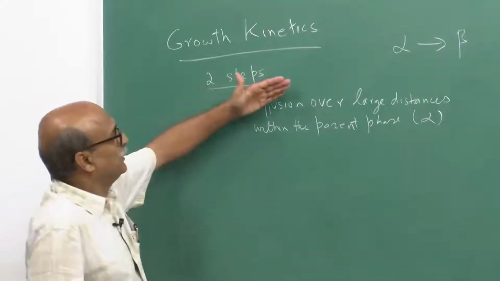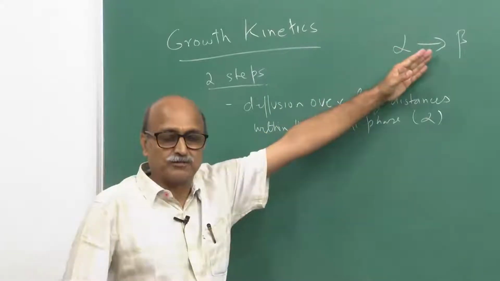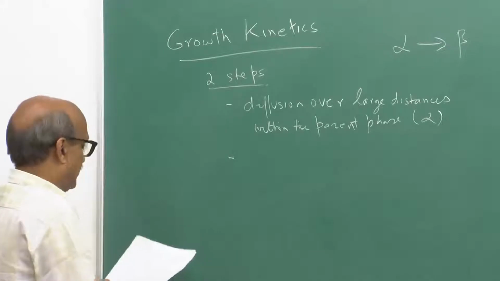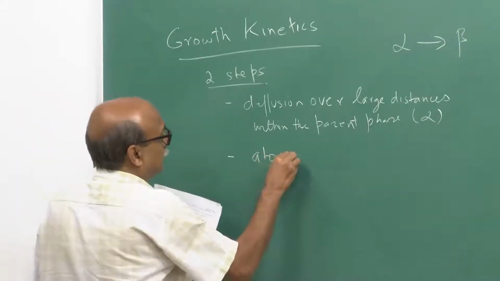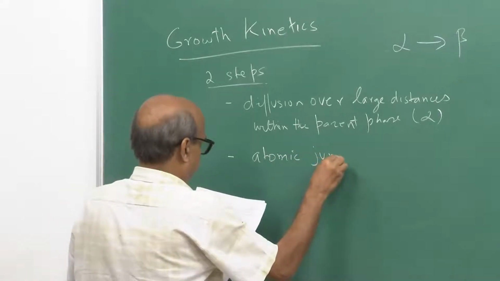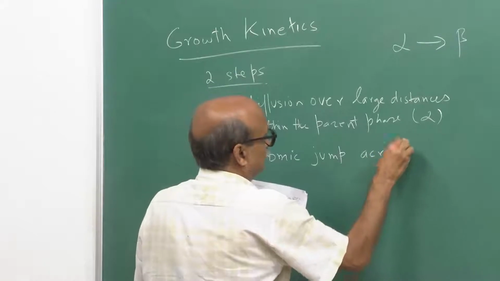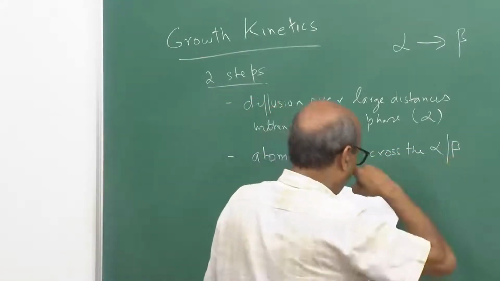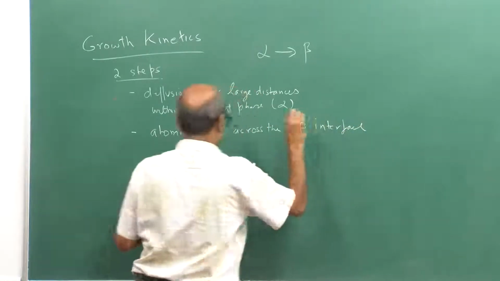So, there could be first diffusion within the parent phase over fairly large distances, and a second step would be atomic jump across the alpha beta interface.